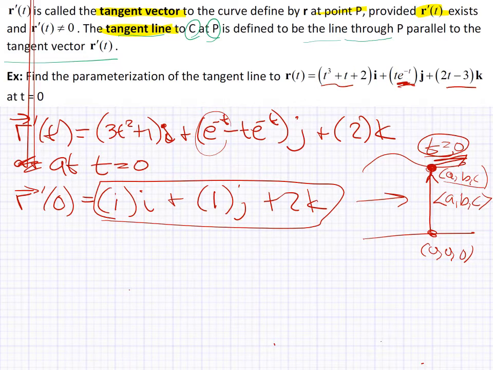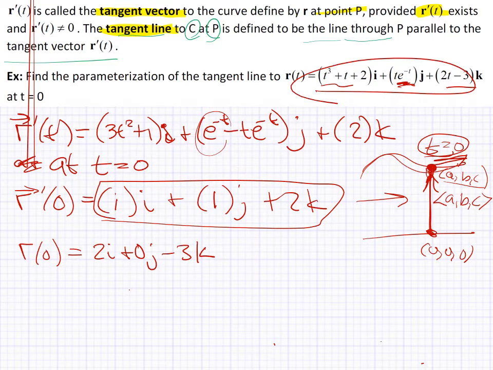So I just need to know what vector this is in terms of r of 0, because r of 0 is the vector that starts at the origin and reaches the point on the curve. r of 0 would be the vector 2i plus 0j minus 3k, and all I'm doing is plugging 0 in for t here.